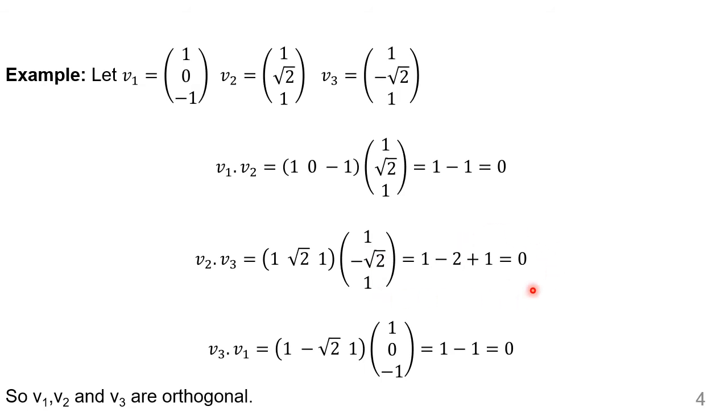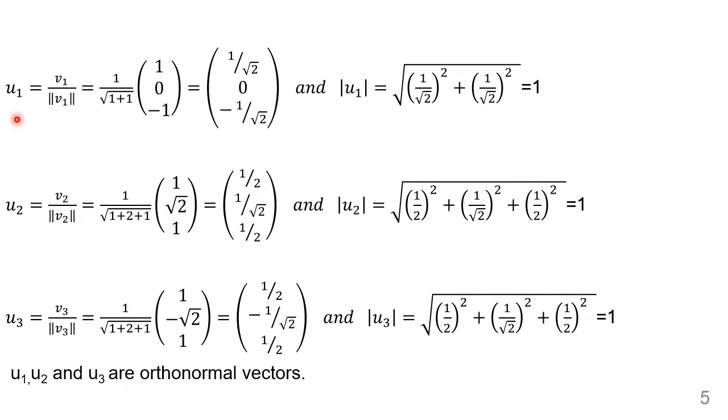I get the result as 0. This means V2 is orthogonal to V3. Now the last condition, V3 dot V1. I take the transpose of V3, that is 1, minus root 2, 1, multiplied by V1, and we get 0, which means that V3 is orthogonal to V1. So I can write that all these three vectors V1, V2 and V3 are orthogonal. So the first condition for orthonormality is satisfied.